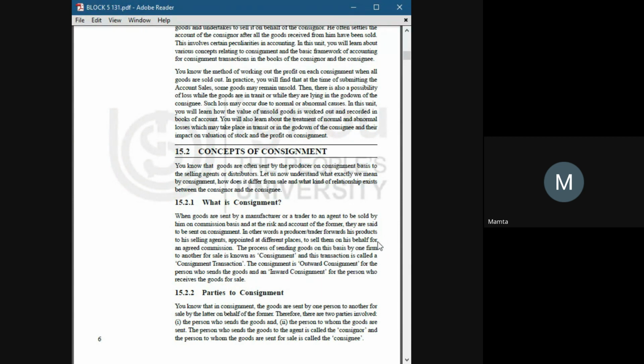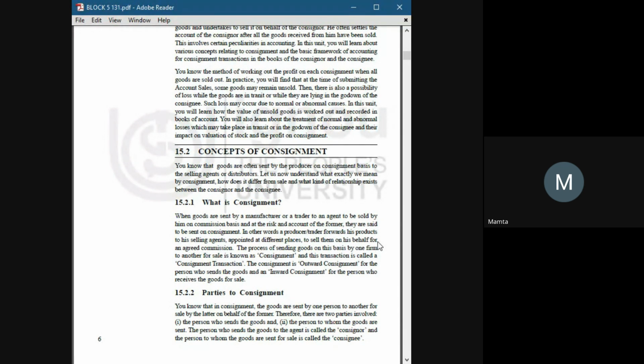You just hire an agent who will sell your goods on your behalf. That is known as consignment. When you give your goods to an agent for the sale purpose, that is known as consignment. And you, being the manufacturer or trader hiring the agent, will be known as the consignor, and the agent will be known as the consignee.